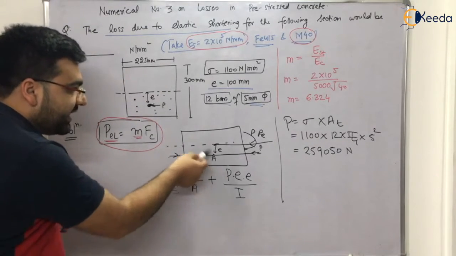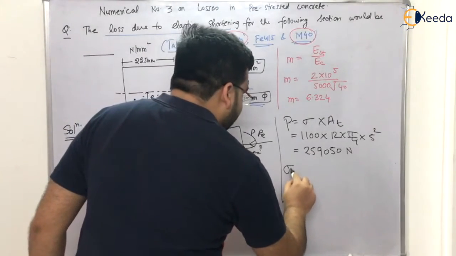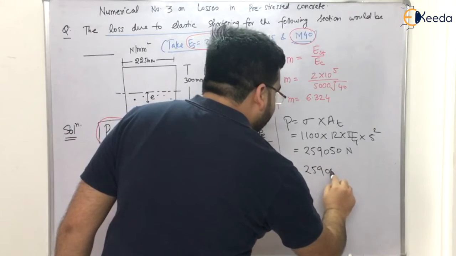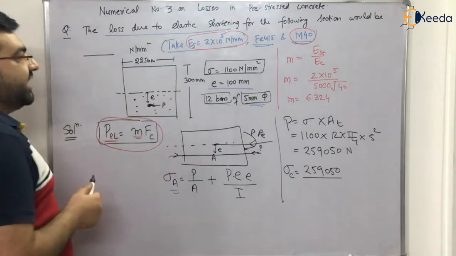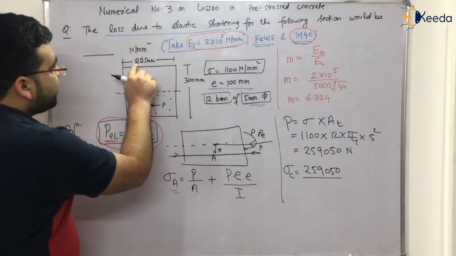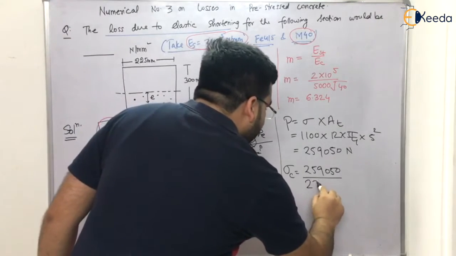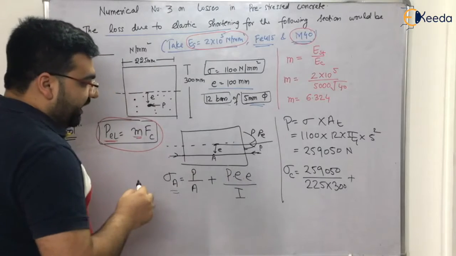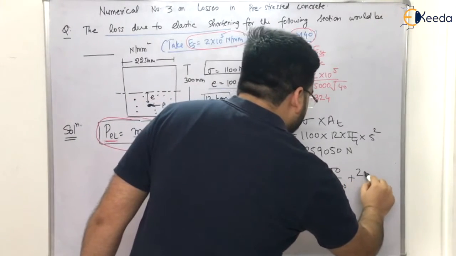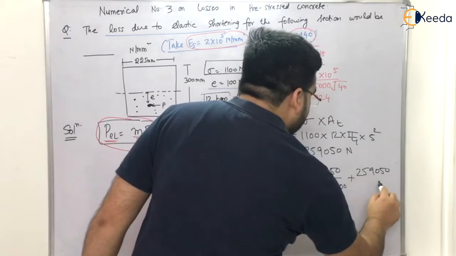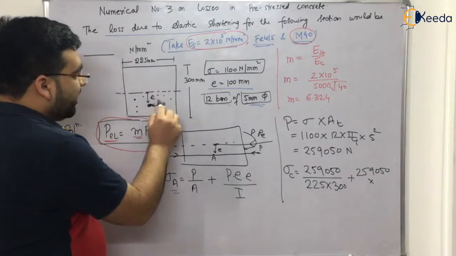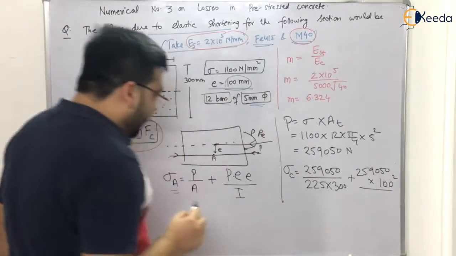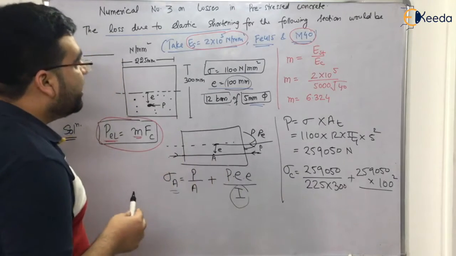I can now determine the stress at the level of A, the level of concrete. It will be 259050 divided by the area of cross section. The section is 225 by 300, so the area is 225 into 300, plus P into e into e, that is 259050 into e square, where e is 100 mm, so 100 square, divided by I, the moment of inertia of the rectangular section.